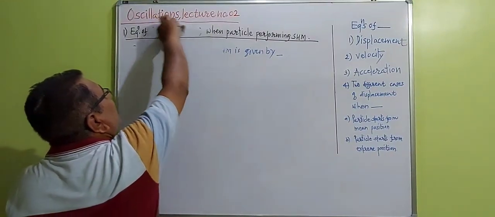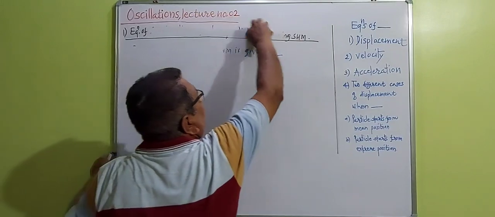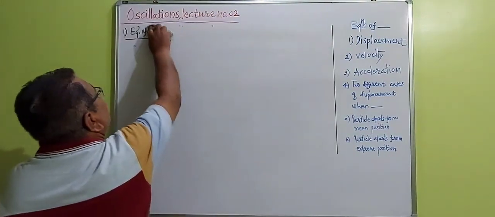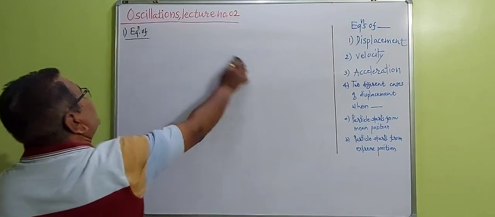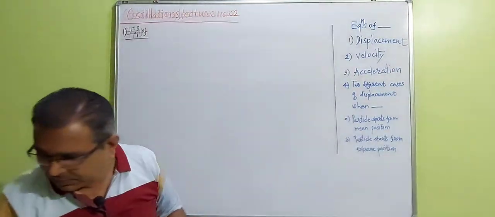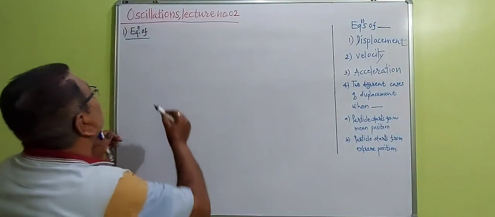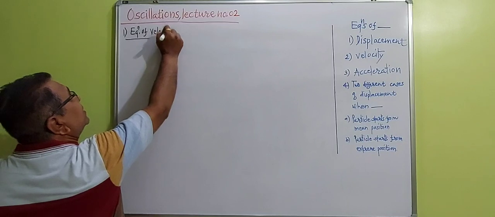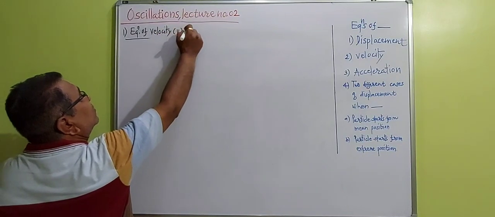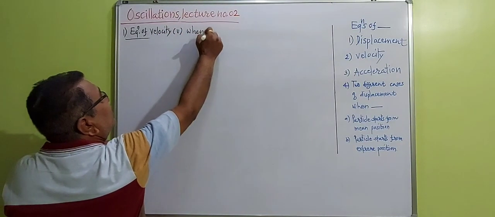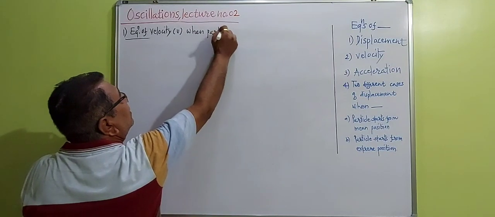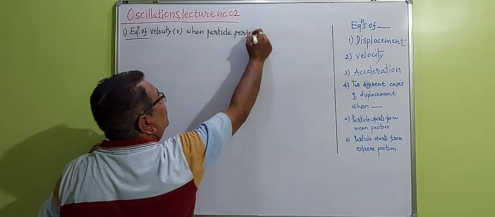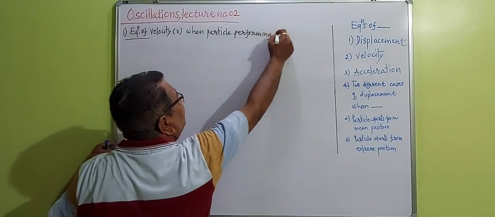Then we have to see what? Acceleration, we have already derived the formula. Now we have to derive the equation of velocity v when a particle is performing SHM.